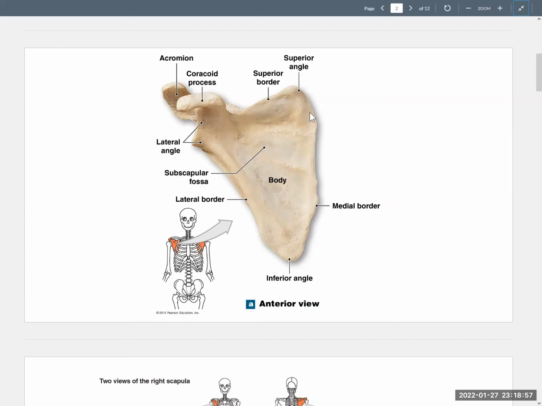It's also called the vertebral border, and that would not be a wrong answer if you ever gave it to me. But it is more medial. Where's the spinal cord? Right here. Where's the spinal column? Right here. So this is the medial border. Across the top is the superior border.